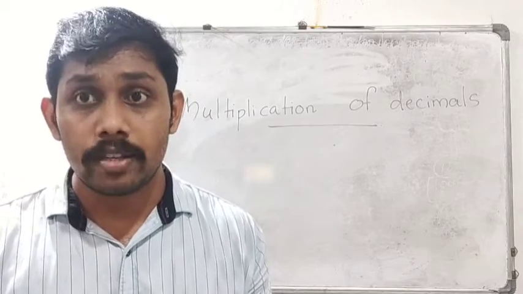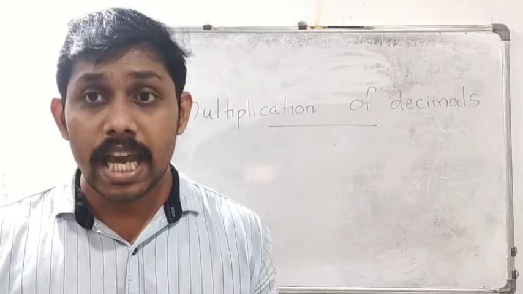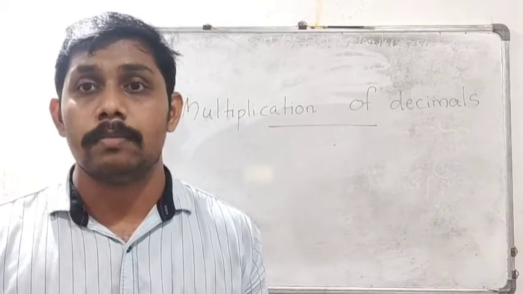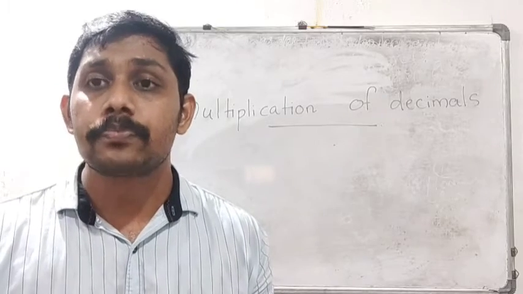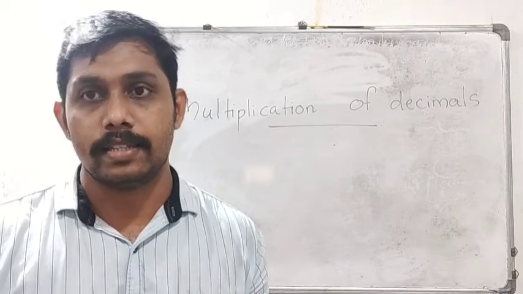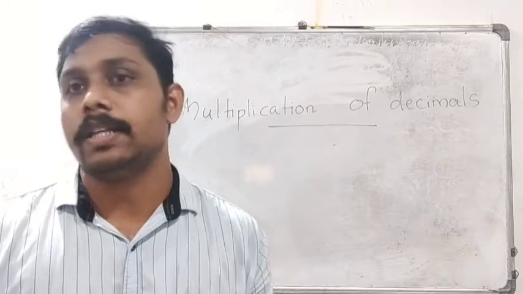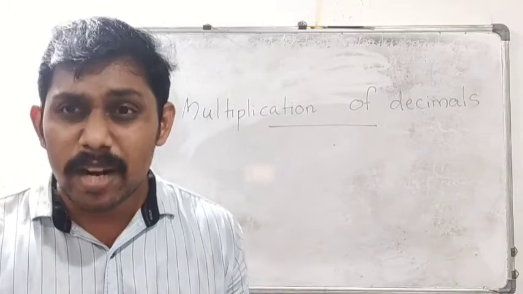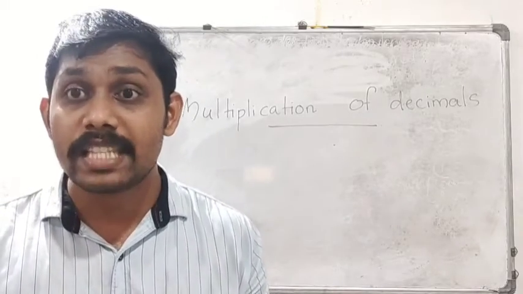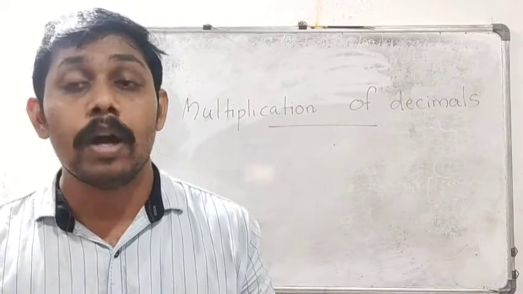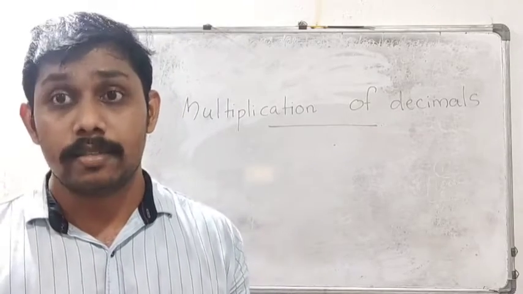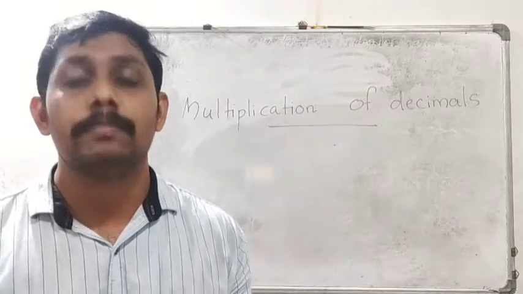After we get the product, place a point one place from the right. This is multiplication. It is very simple. Just multiply the given numbers and place the point by counting the number of decimal places.